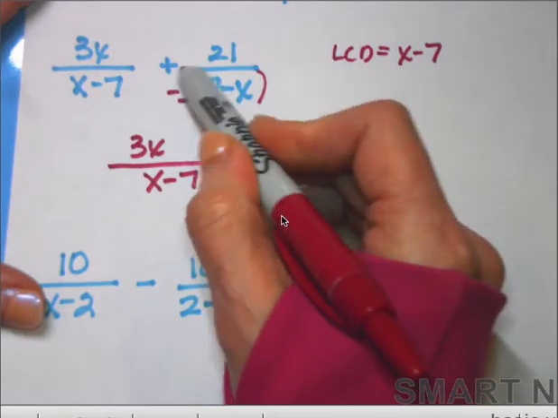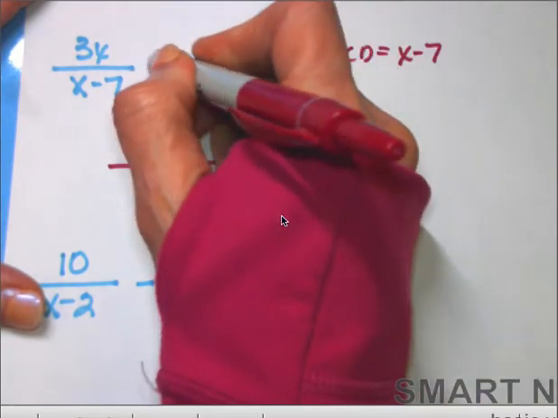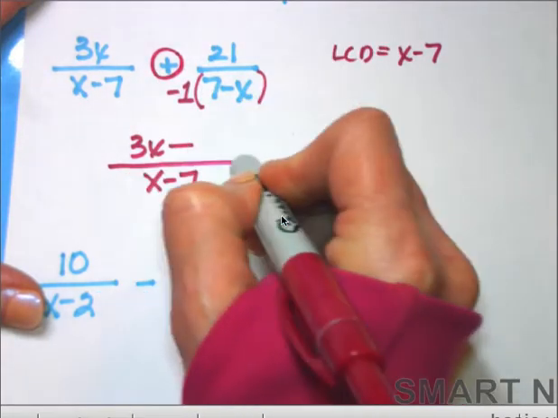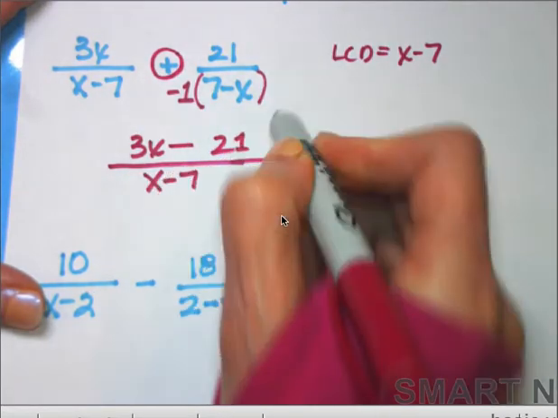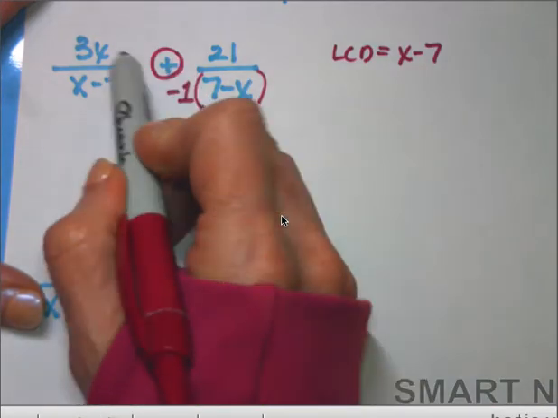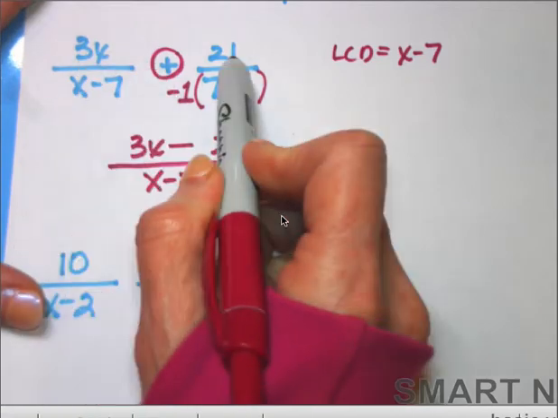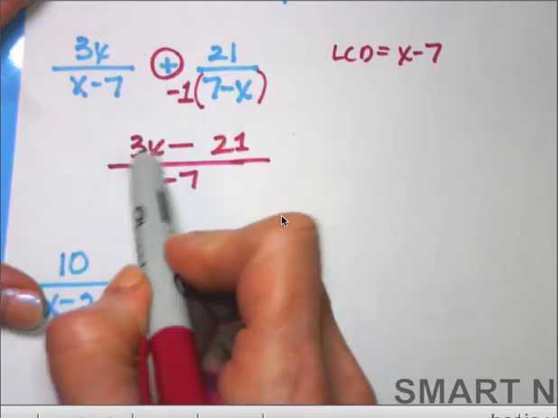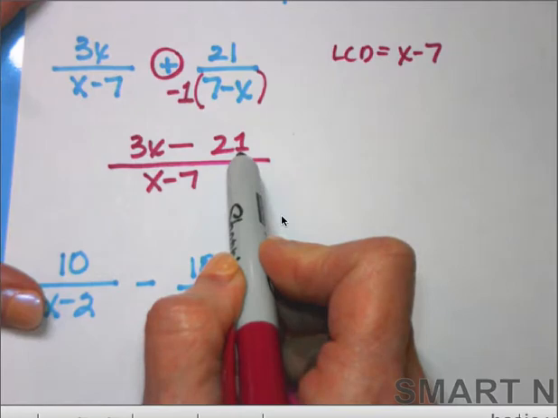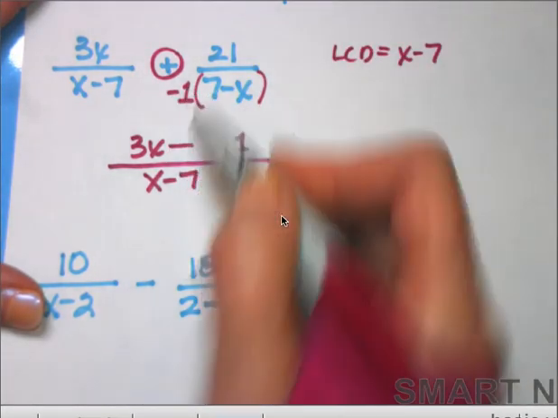By introducing this negative factor right here, it changes the original operation to a negative sign. And I can write this as one expression. Instead of thinking of my numerator as 3x plus 21, I think of my new numerator as 3x minus 21. The subtraction is a result of introducing this negative sign.